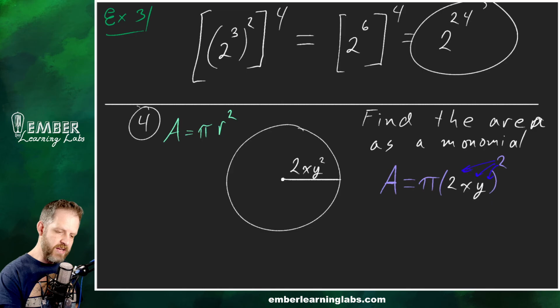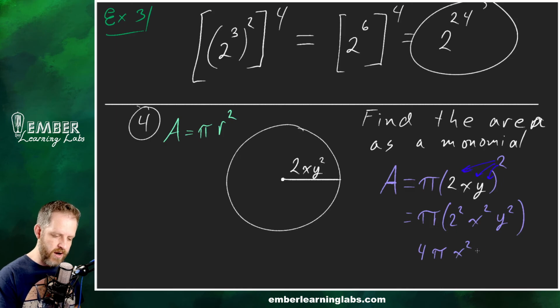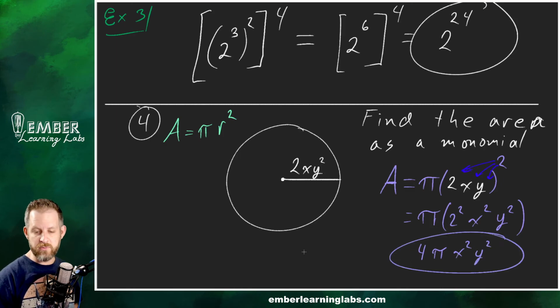And so this turns into pi times 2 squared times x squared times y squared. We can pull the coefficient out to the front. 2 squared is 4. And then we've got times pi, so 4 pi x squared y squared. There it is. There's your monomial.